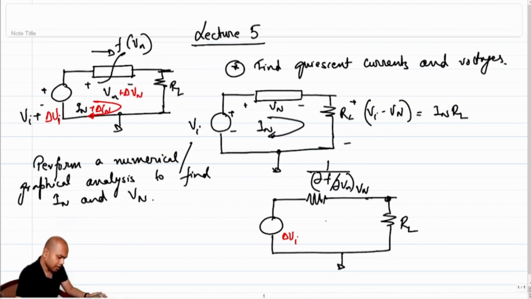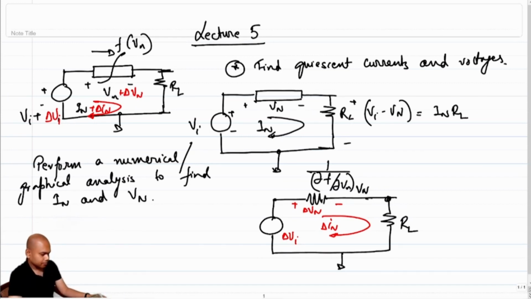So the current that we will have after solving for this network will be delta In, and the voltage drop across the linearized version of the nonlinear element will be delta Vn, right? So this essentially was the crux of the entire lecture 4.